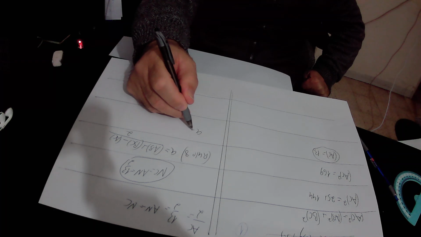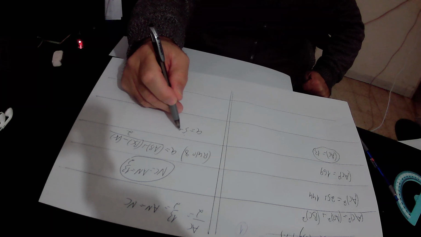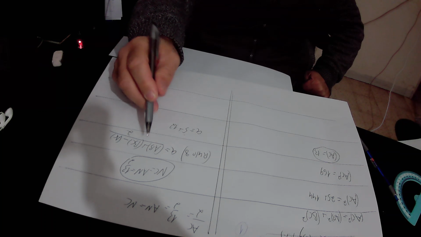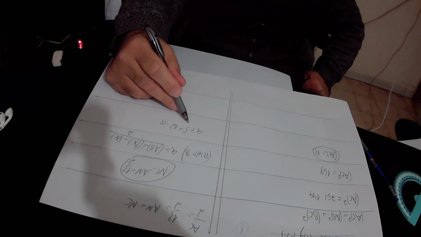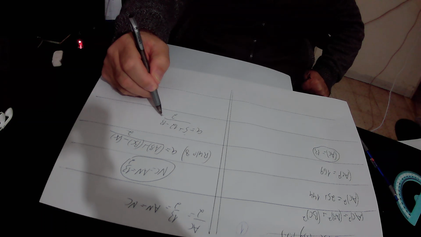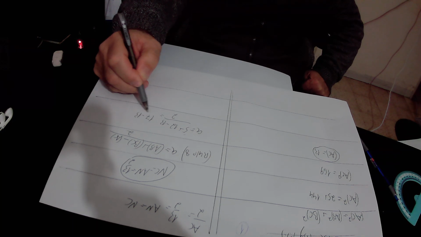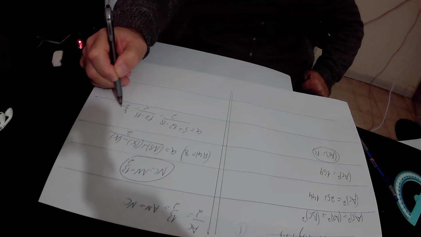So A will be equal to AB is 5, plus BC is 12, and we just found out that AC equals 13. It is minus 13 over 2. 5 plus 12 is 17, minus 13 over 2. 17 minus 13 is 4, and 4 over 2 is 2.